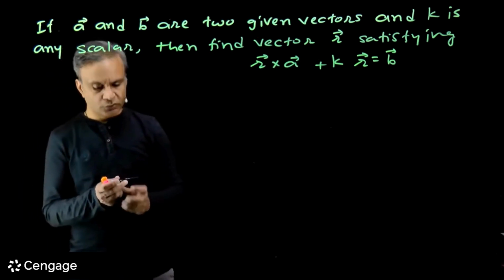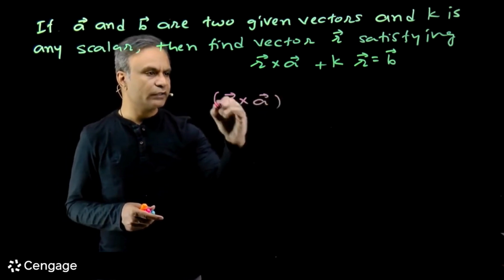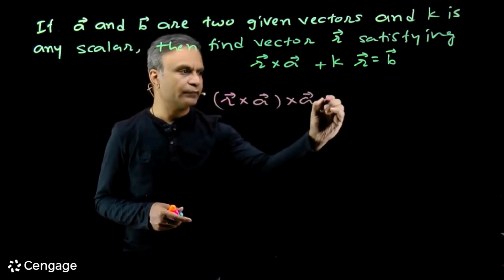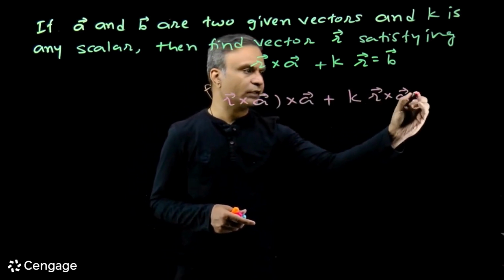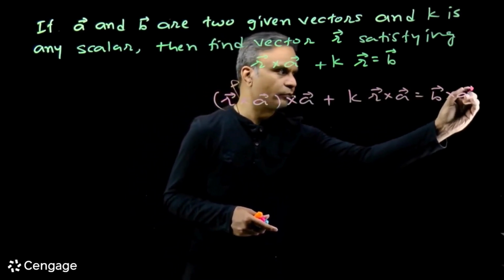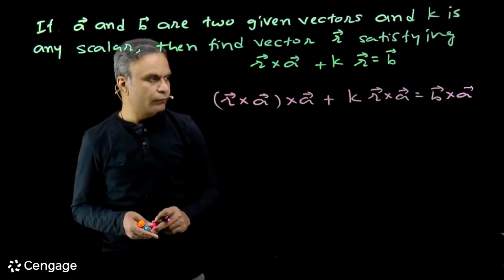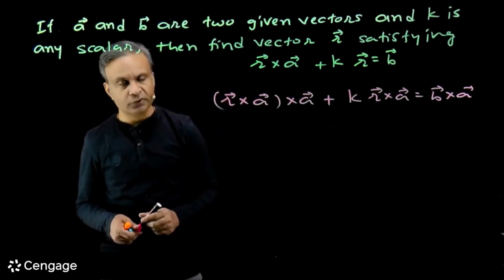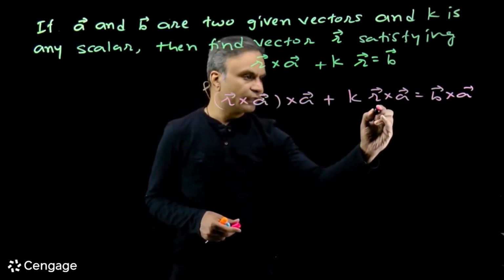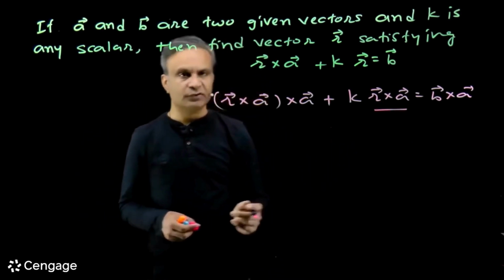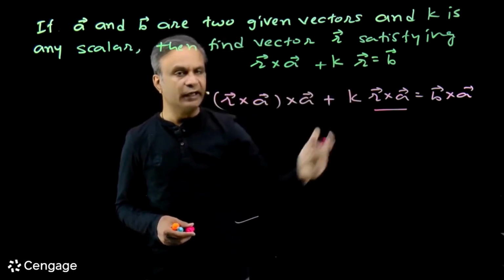Okay, so we will have r cross a plus k times r cross a is equal to b cross a. The reason for taking cross product with a is that now we can put the value of r cross a. R cross a is b minus k times r.